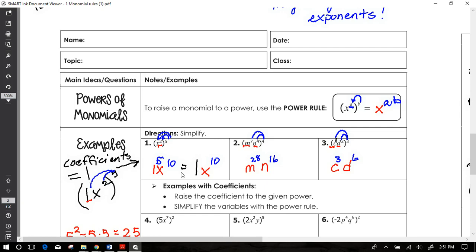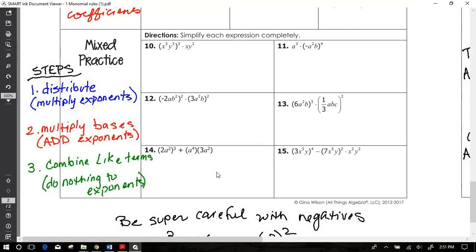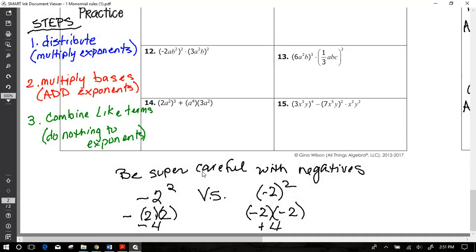I am going to scroll all the way to the bottom of my page, and I want you to add this note right here. And honestly, if you want to pause this video and add these steps down below as well, that'll save us from having to pause the video again in just a couple of minutes. Okay, but I do want you to be super careful with negatives. Remember, if it's inside a parenthesis, then if it's a negative number, we have to copy that negative sign as well.